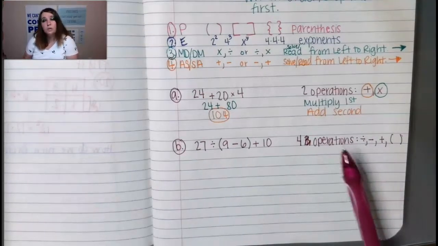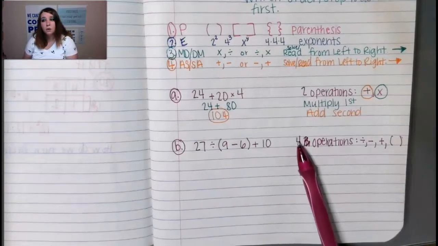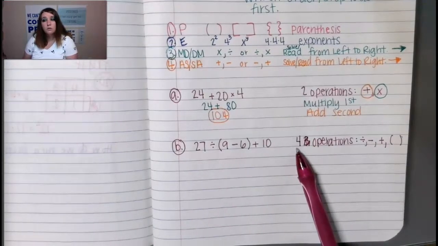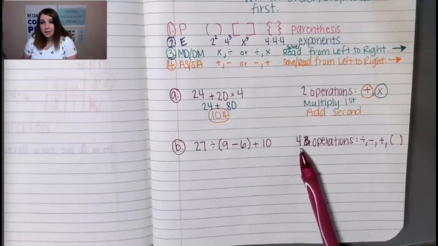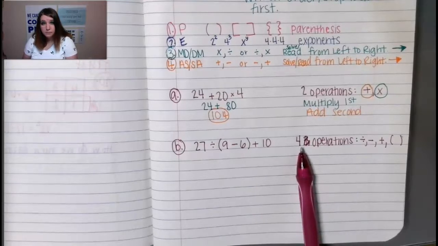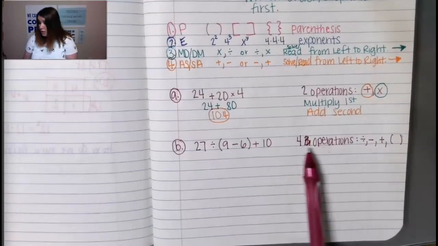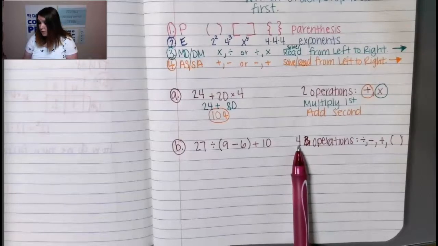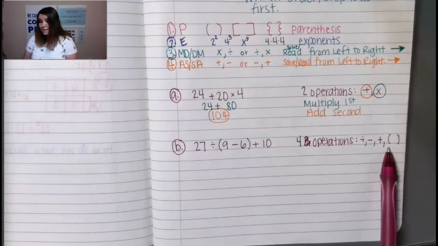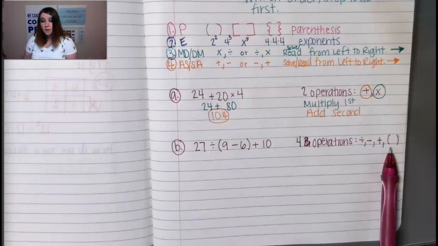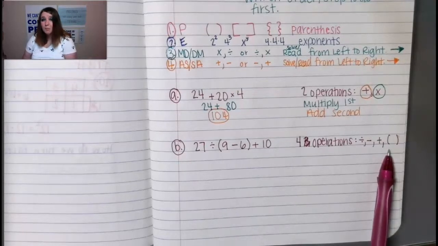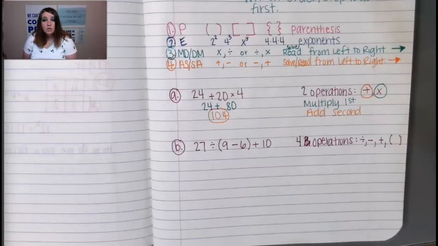If you don't understand why I changed this 3 to a 4, you need to come and ask me in the Google Meet. Okay? So I changed this to a 4 to say 4 operations because now I have parentheses, and parentheses are counting as an operation because I can use them to multiply eventually.